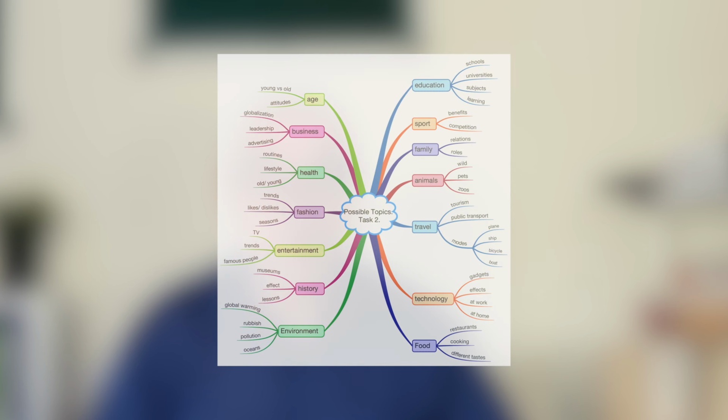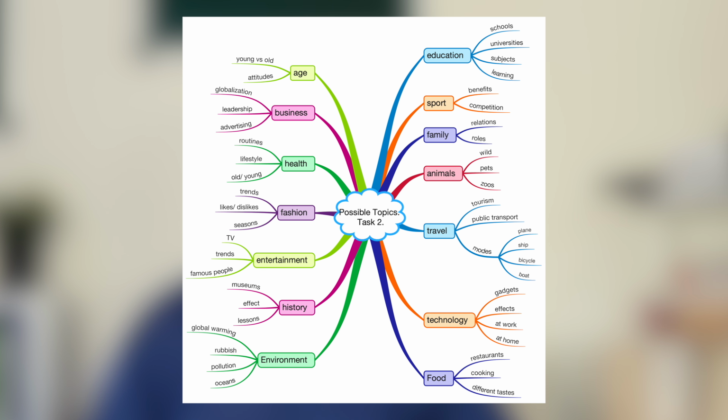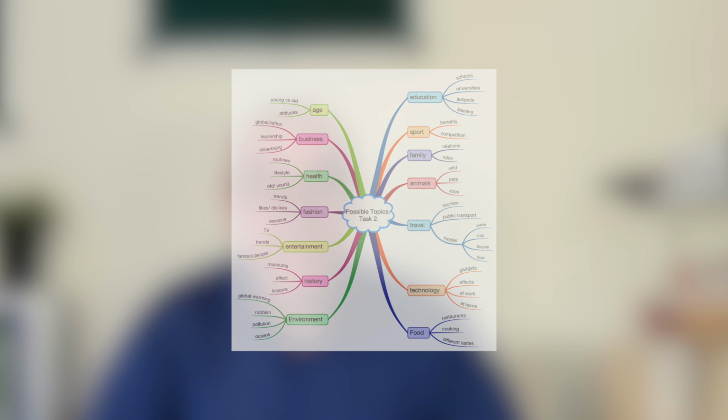There are many different topics that you can expect in Task 2, ranging from sports, education, and all sorts of other things. Note that I do have a more detailed explainer specifically on Task 2, so make sure that you watch that, and I'll put a card in this video that you can watch it after this one.